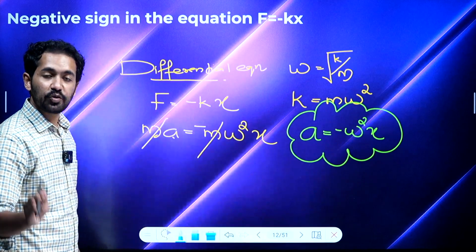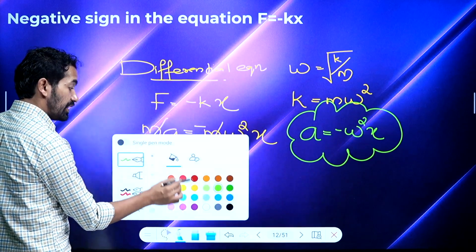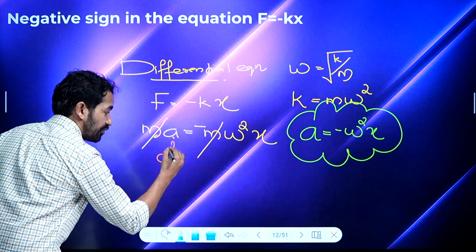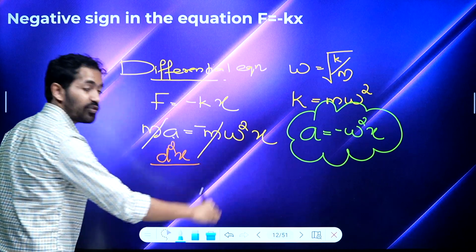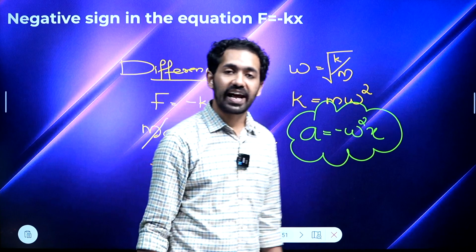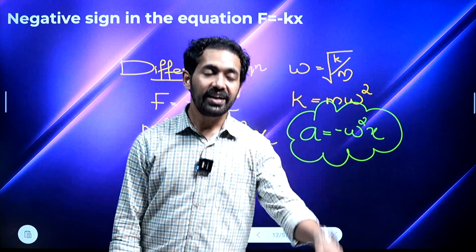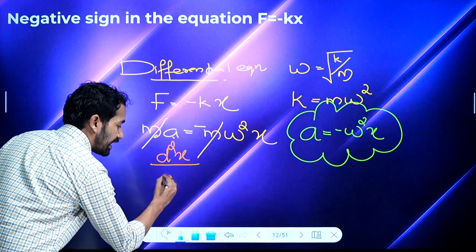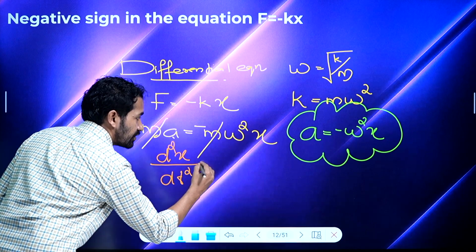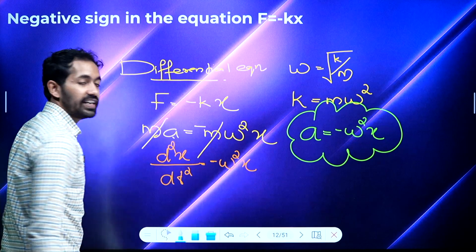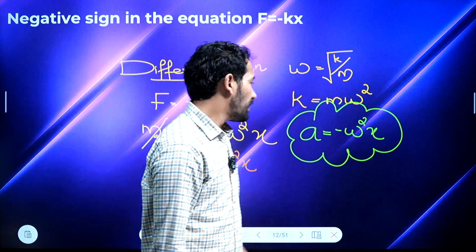Acceleration a is equal to minus omega square x. But you know that when you differentiate, you are double differentiating displacement in order to get acceleration. So instead of acceleration, you can write d square x divided by dt square. So it is d square x divided by dt square is equal to minus omega square x.